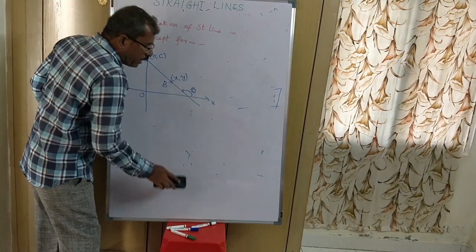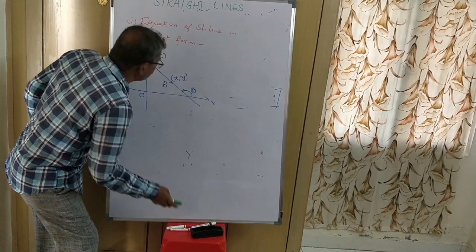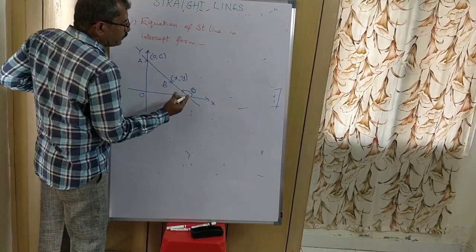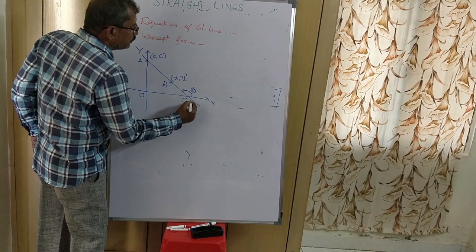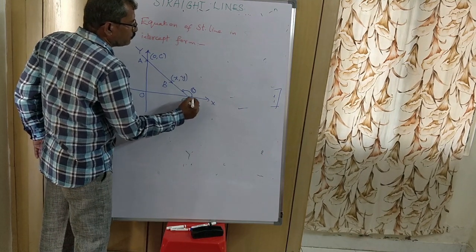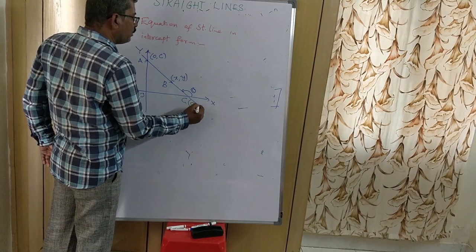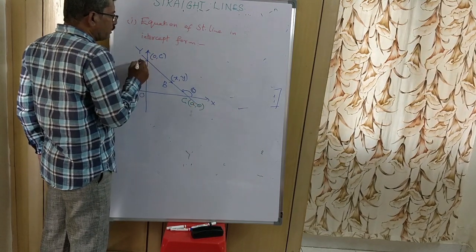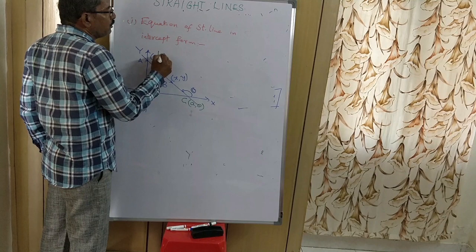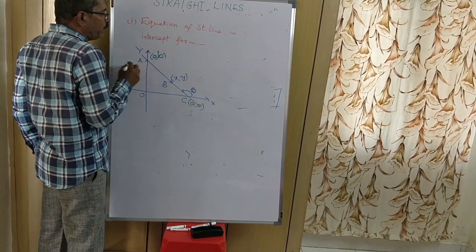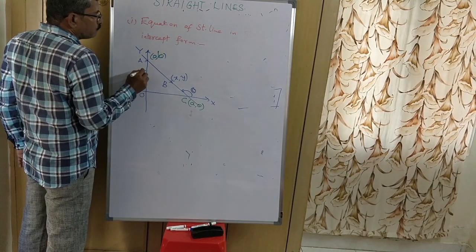Here I have another point, say some c. This also I know. Say this is a comma 0 and this one is 0 comma b. Right?